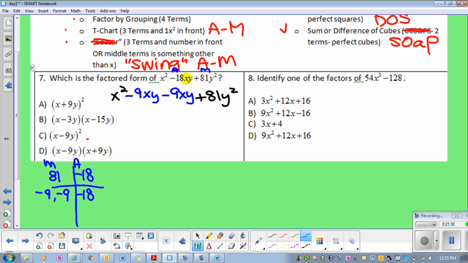Make sure you include the variables that are in that middle term. And now that you have 4 terms, how do you factor this? Just divide it right down the middle. Don't cut through that negative sign in front of the 9, okay? And GCF factor both sides.